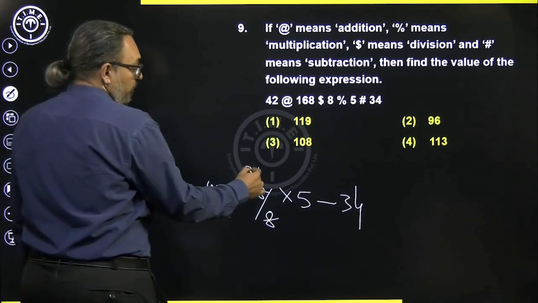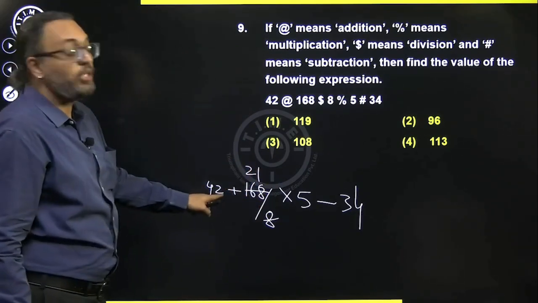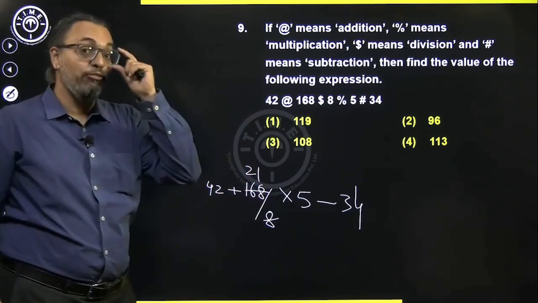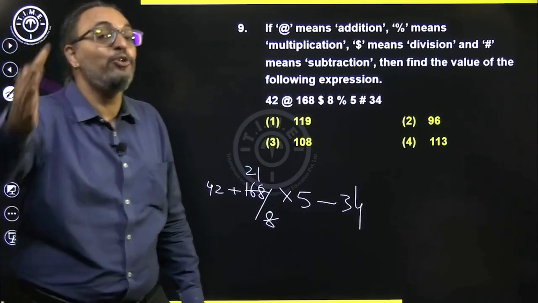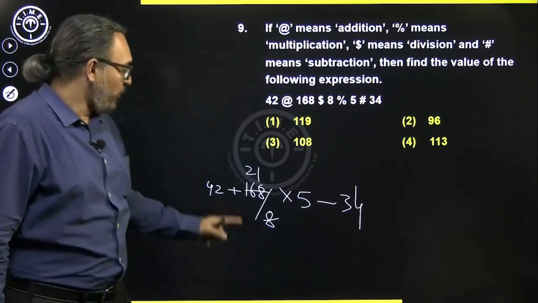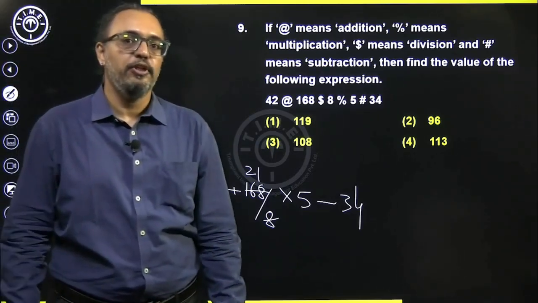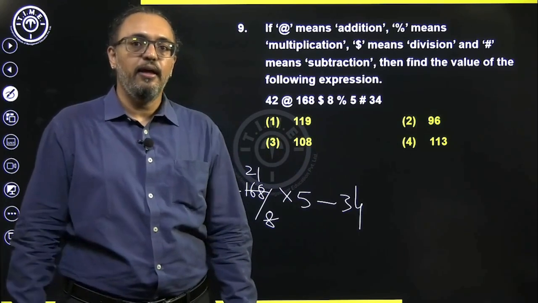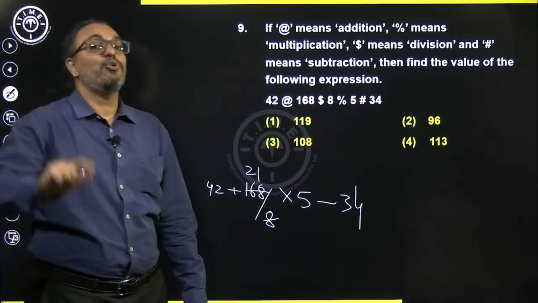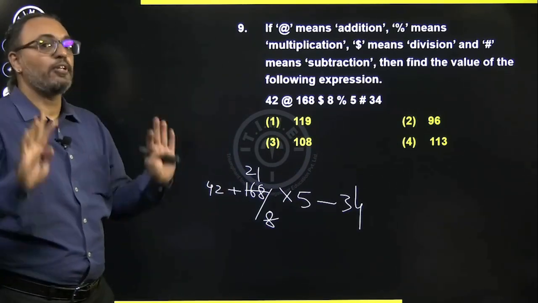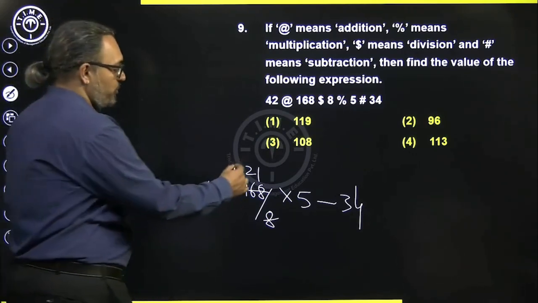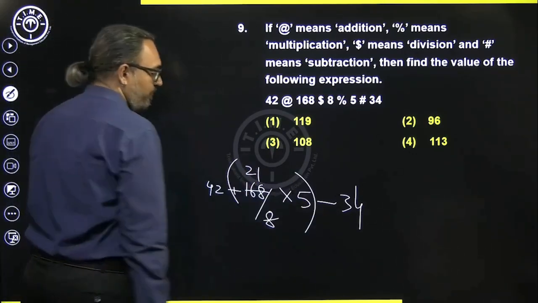So now when you get 21, please don't add directly 42 plus 21. You need to know when to stop, when to approach. When you have a division, work on it, because that's the first operator we always solve if you don't have parentheses. But after division, the next I have to do is multiplication. So wait for that multiplication. So now it is 21 into 5.